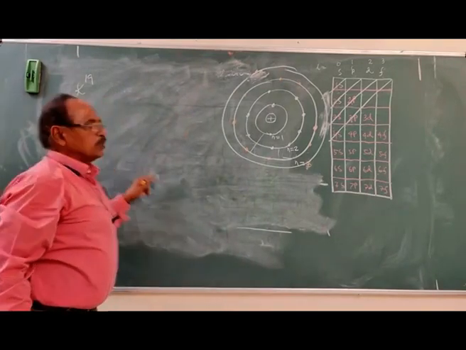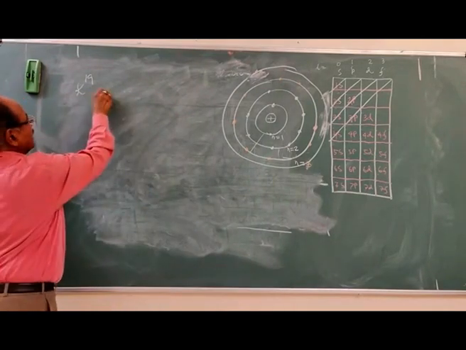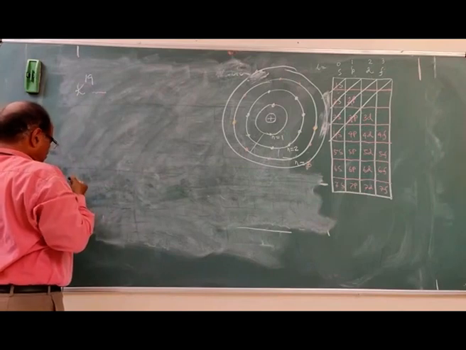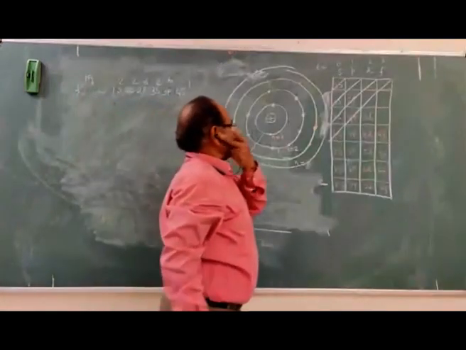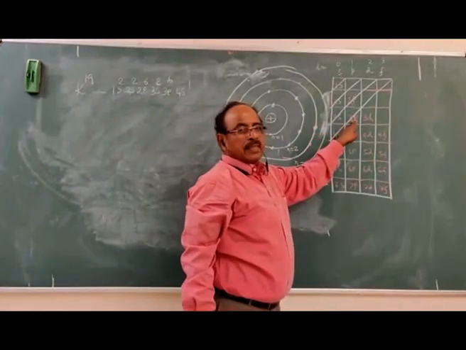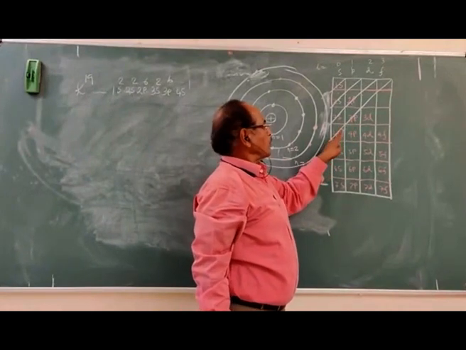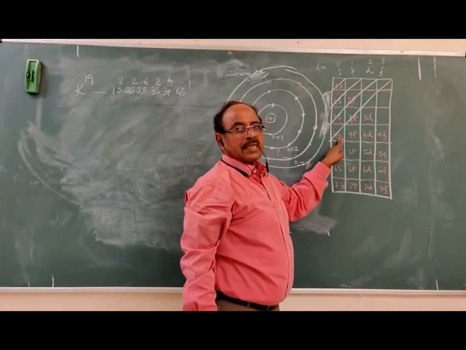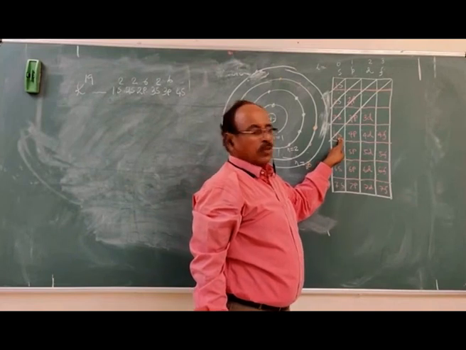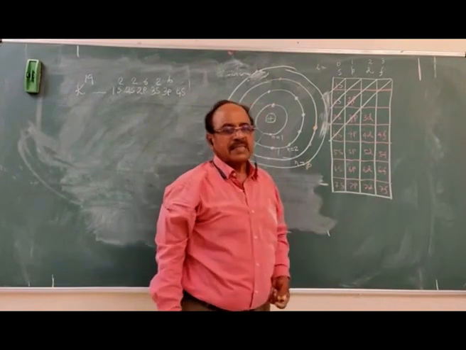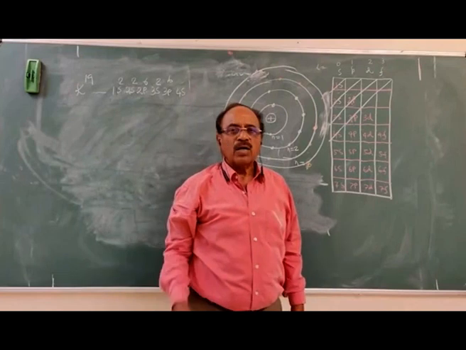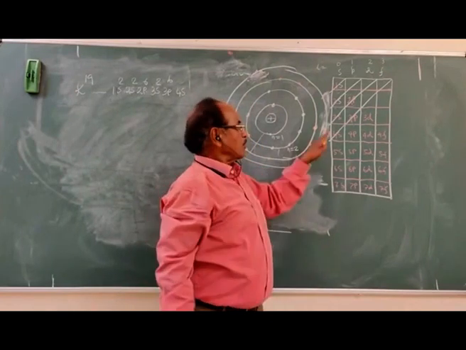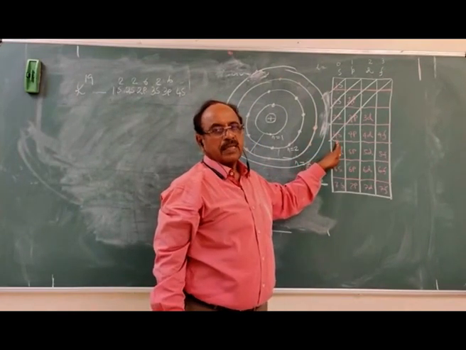So 1s2, 2s2, potassium 19. I have to tell you, children, that after 3p, the electrons are passing on to 4s. The third shell is not completed, but the electron goes to the 4s orbital.